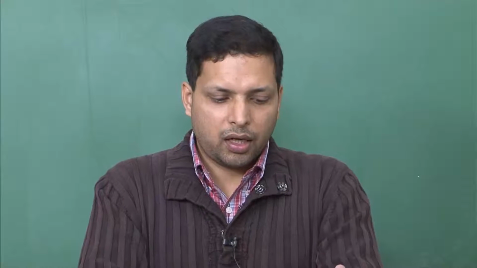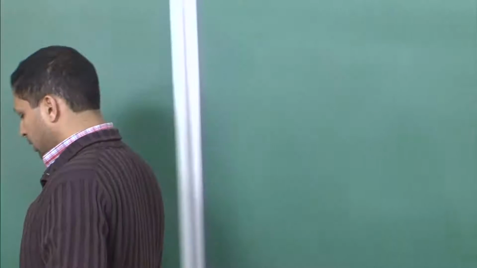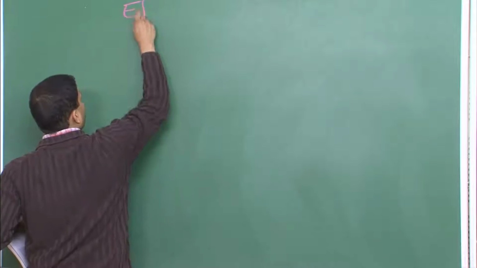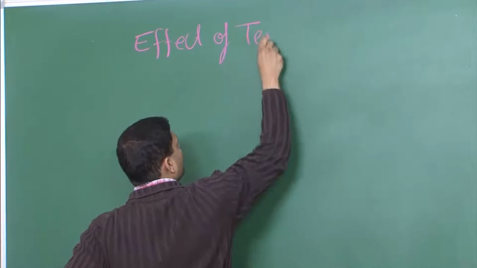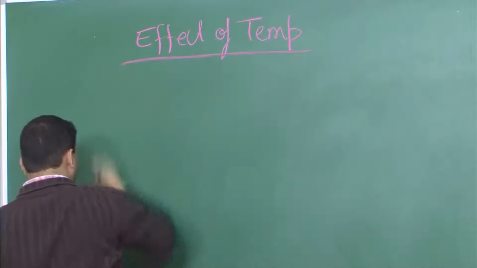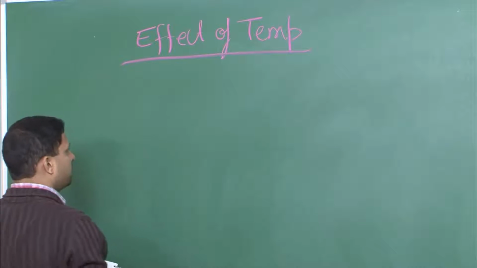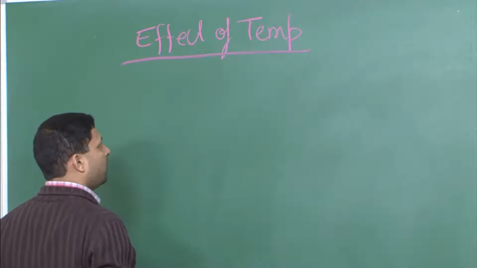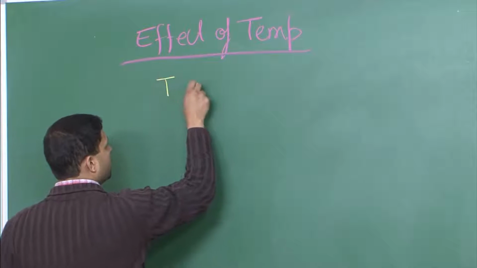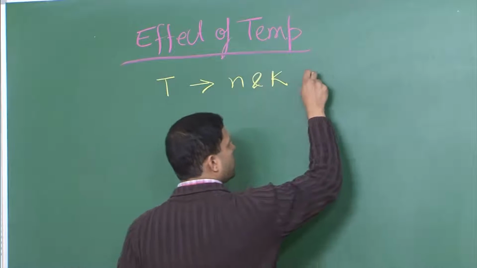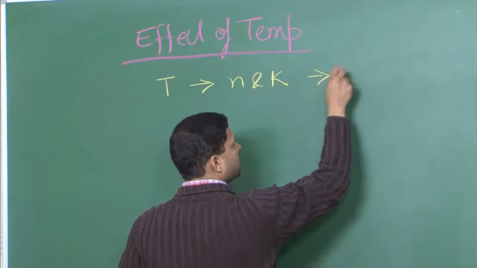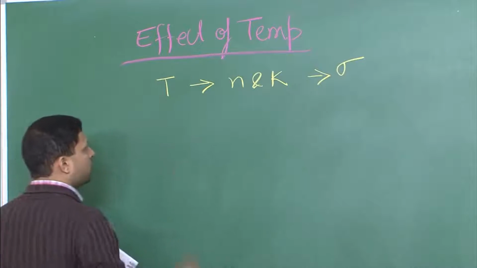Okay, so we were discussing the effect of temperature, and so far what we have seen, let me summarize it in a bit. We found that it is a very complex behavior, in the sense that temperature affects N and K in the power law equation, and hence it affects the overall flow stress.